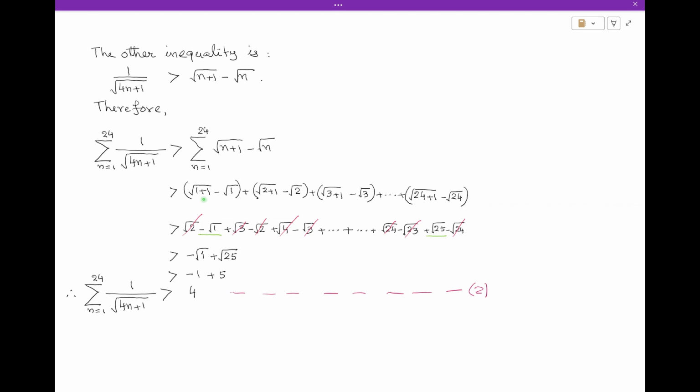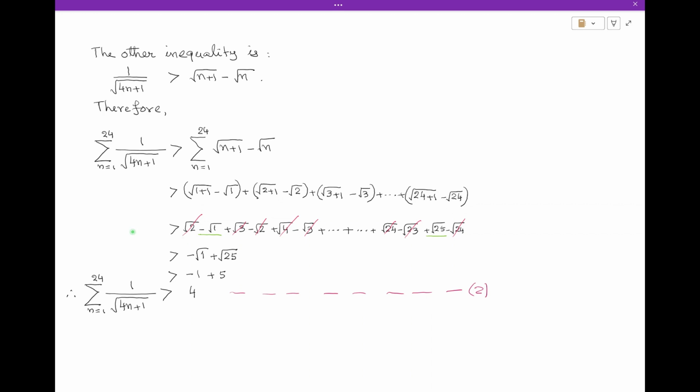Now, we can write that square root of 1 plus 1 is equal to square root of 2, square root of 2 plus 1 is equal to square root of 3, square root of 3 plus 1 is equal to square root of 4, and so on and so forth.